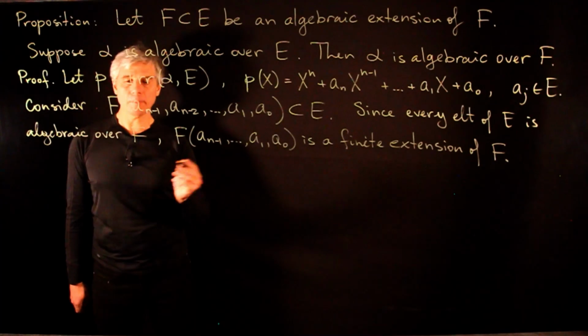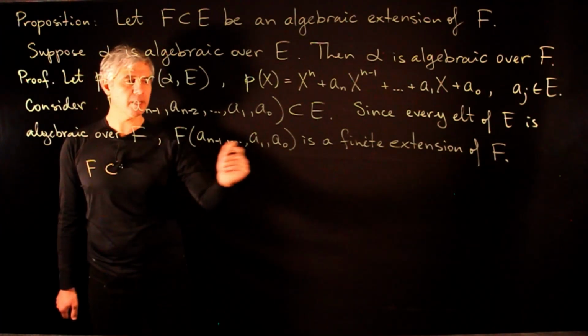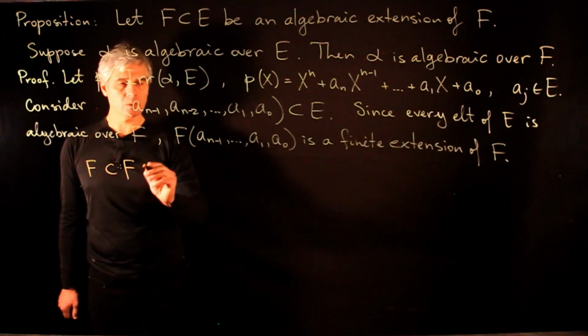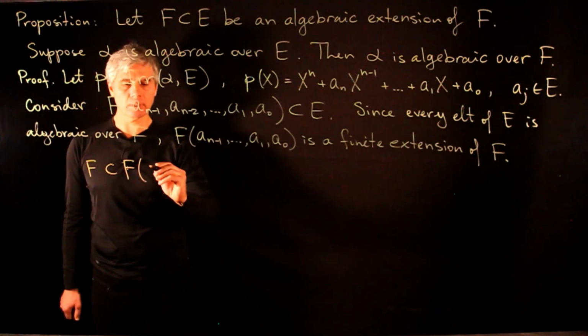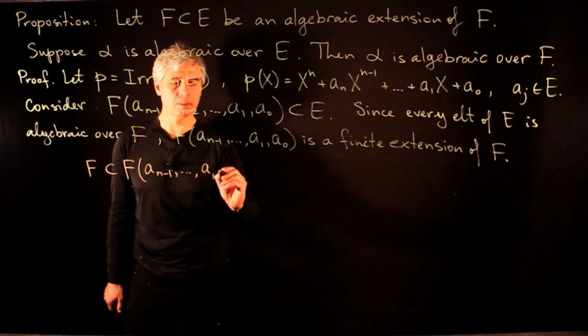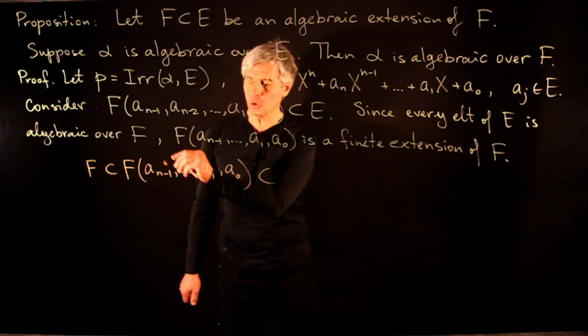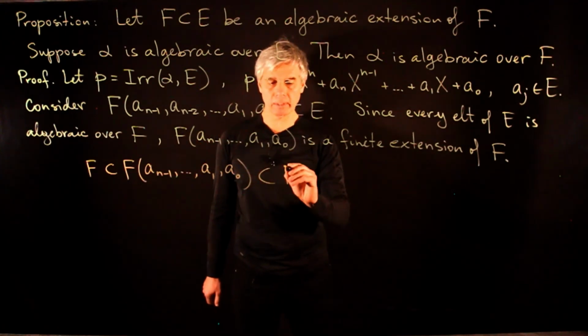But now we can apply our dimension argument. What we have is a tower of extensions. We have this extension, F with the adjoined coefficients of this polynomial, and then we can adjoin alpha to this field.